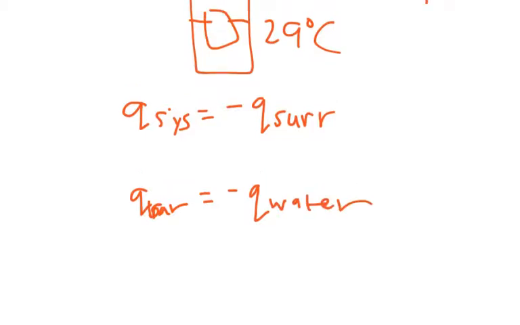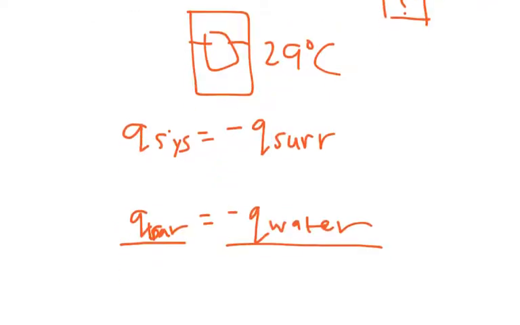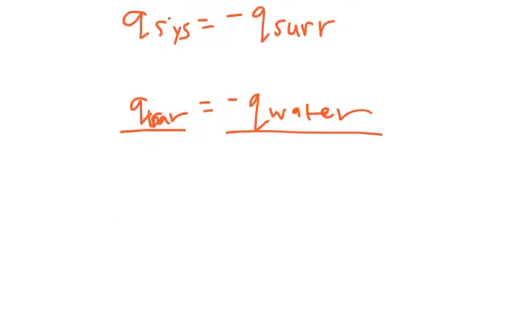And this makes sense, since the heat that is lost by the bar is gained by the water, and that's why a negative sign is there, since opposite things are happening, but the quantity of heat is still the same. So using this, we can substitute Q for mcΔT.